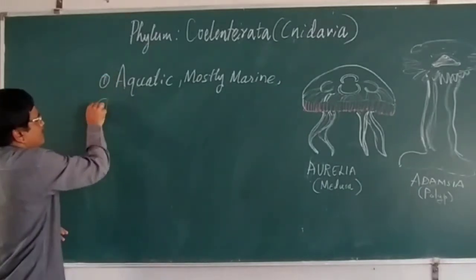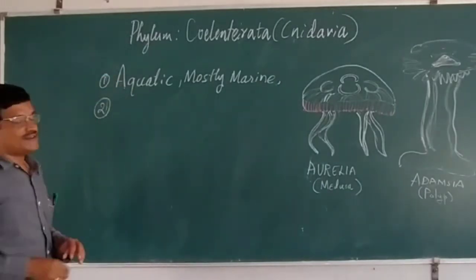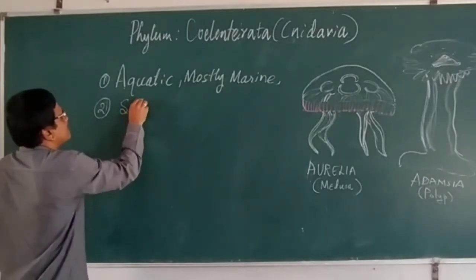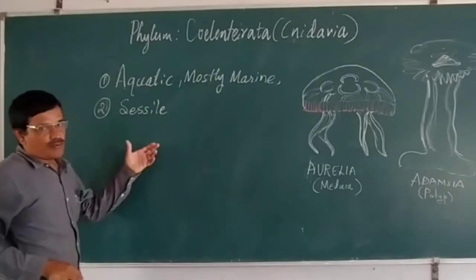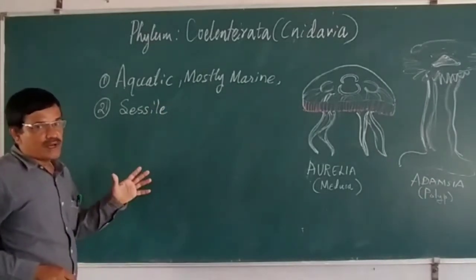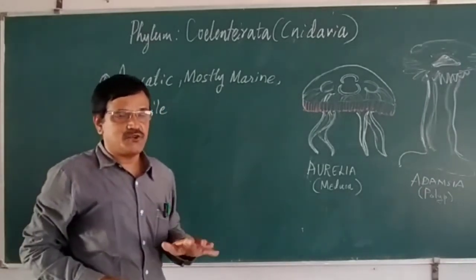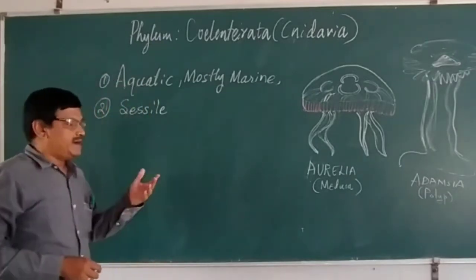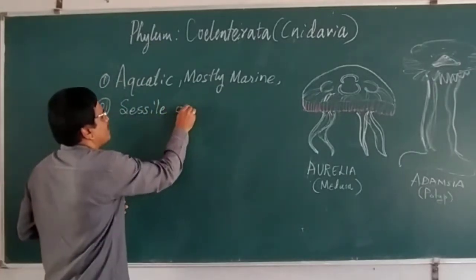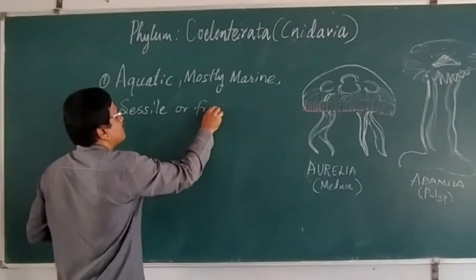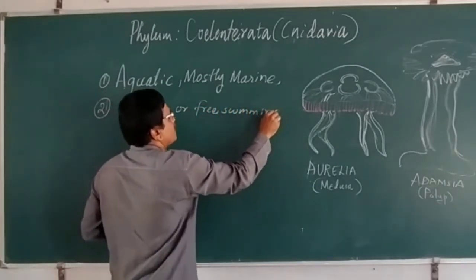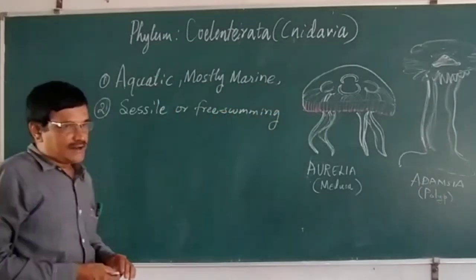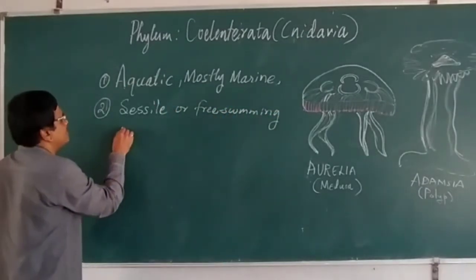Then the coelenterates are sessile. Sessile means non-motile, it is not moving, it is firmly attached to the substratum in that habitat, or free swimming, and radially symmetrical body.